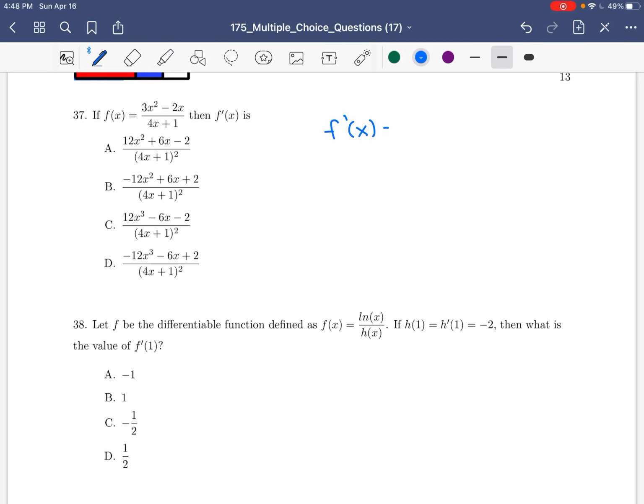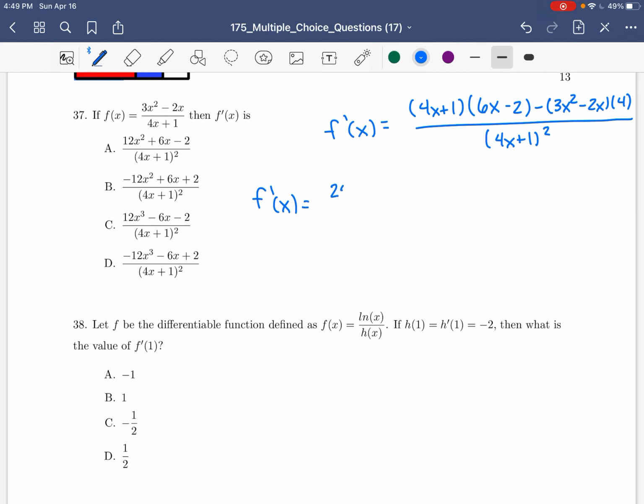So f prime of x equals low, so 4x plus 1, derivative of the top is going to be 6x minus 2, minus high, so leave that 3x squared minus 2x, d low, so the derivative of the bottom, which is 4, all over the bottom squared, so 4x plus 1 squared. And none of our answer choices look like that, so we are actually going to have to multiply this one out.